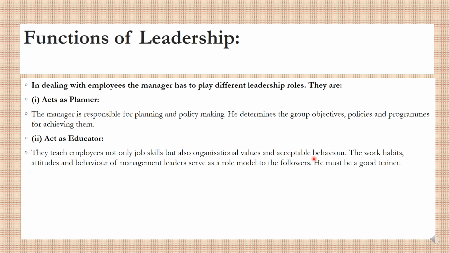If a leader is very humble, talks to everybody nicely, then his followers are going to follow that. If the leader is a snob, he doesn't like talking, then people would follow him to become snobs, and the entire culture of the organization would change. So the work habits, the attitudes, and behavior of management leaders serve as a role model to the followers. Also, he has to be a good trainer in order to be a good leader.